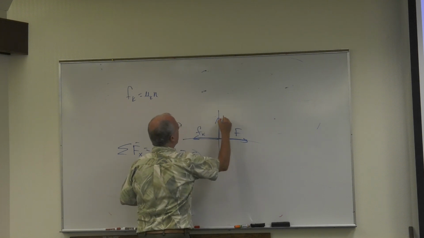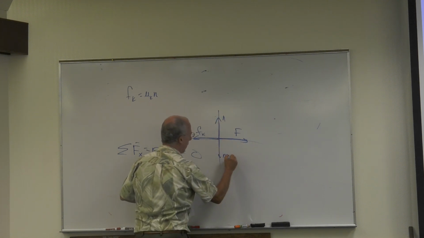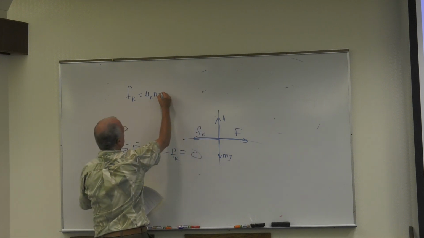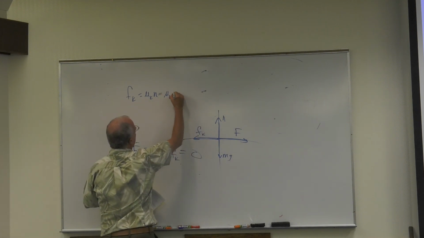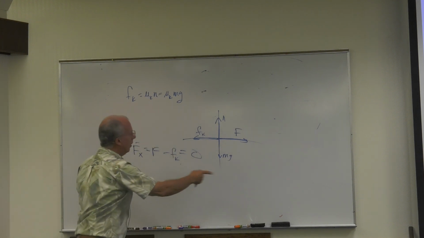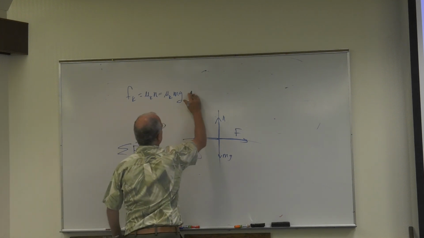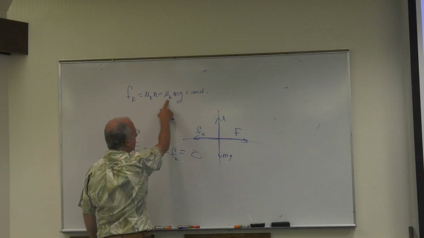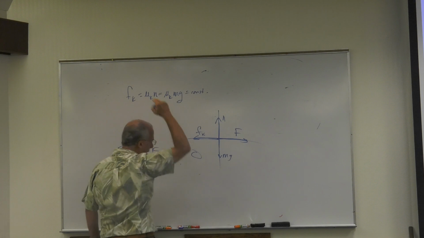Well, the thing is not accelerating vertically, so the normal is just mg, so it's mu k mg, right? So it's constant. That doesn't change. It equals a constant for this problem, because mu k depends on the surfaces, the mass is the mass, and g is g.